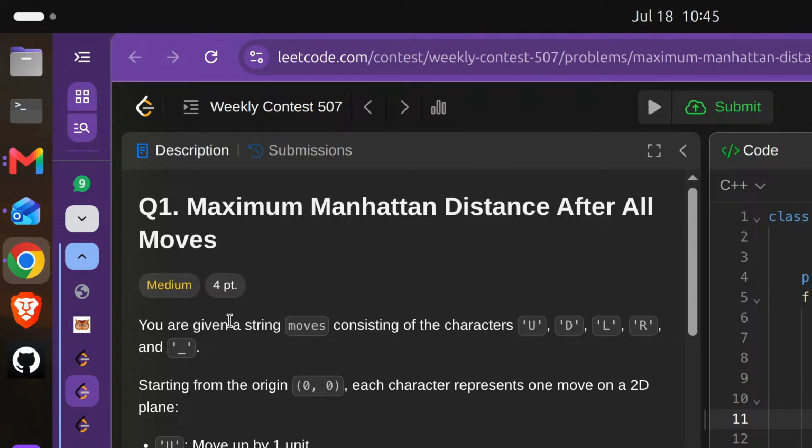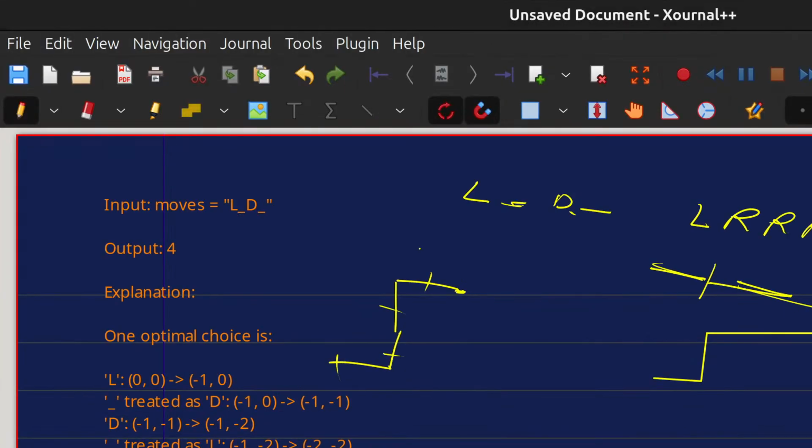So okay, I have some x comma y, right? If I am going up, what I am doing is adding x plus 1 comma y, right? So 1 plus x plus 1.